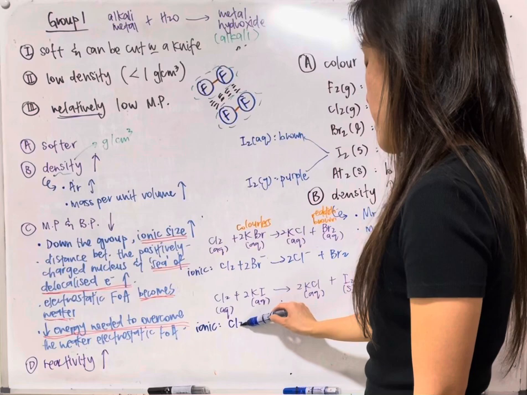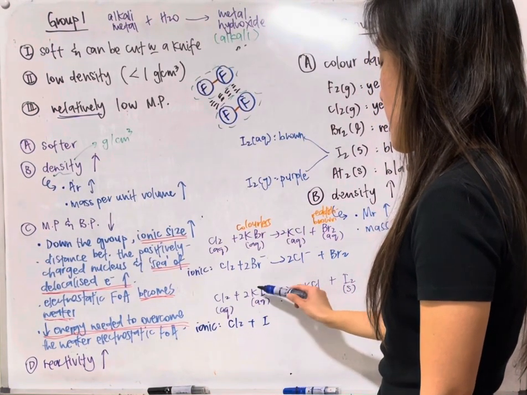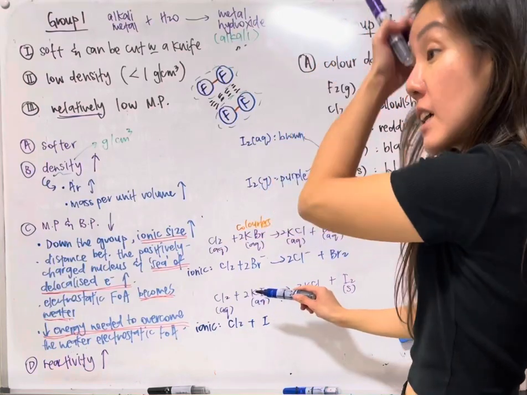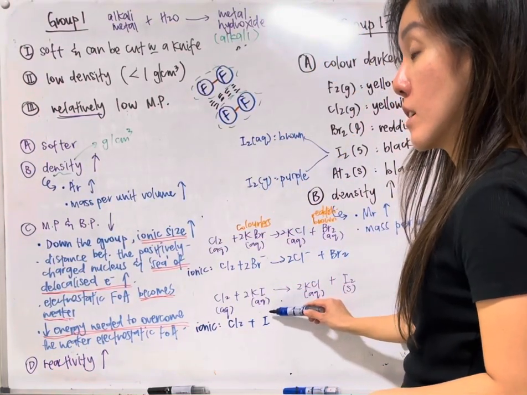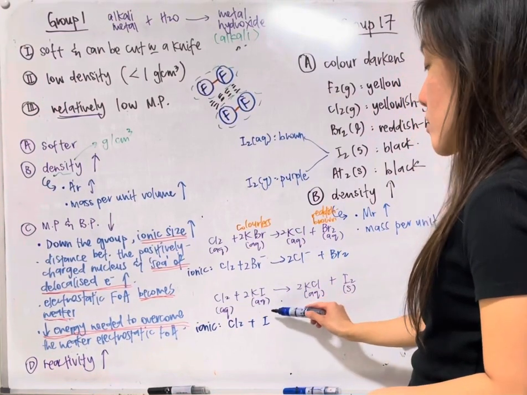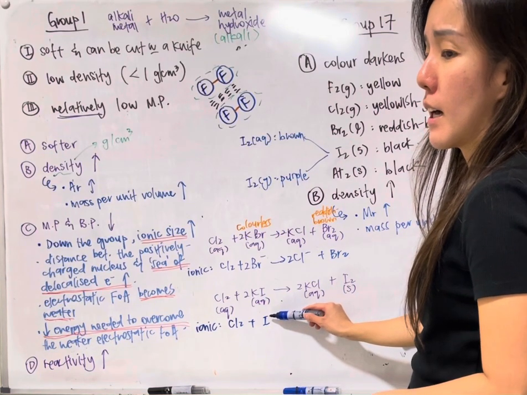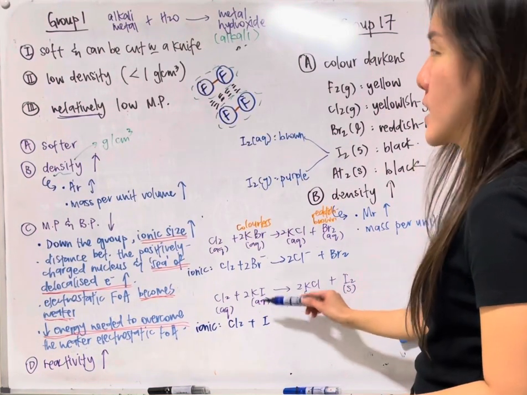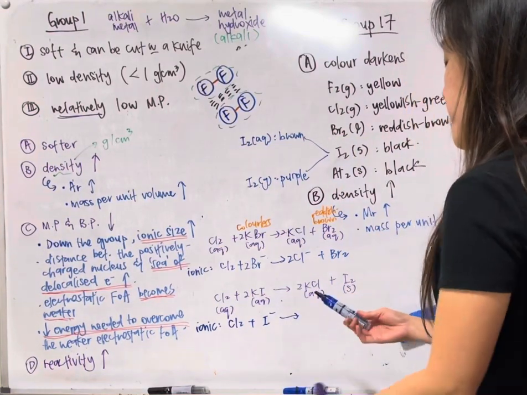Okay, Alicia, tell me what will be the ionic equation for this? Cl2 plus I. Is this an ionic compound? Yes, right. Metal and non-metal is ionic, right? So is there a charge or not? What's the charge? It's group 17. So what will I form?